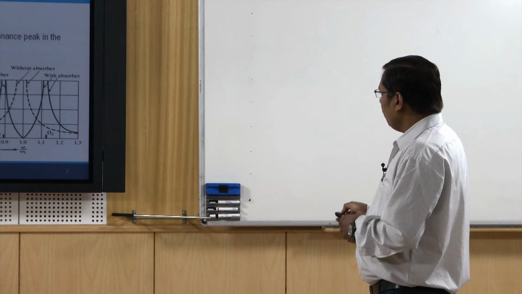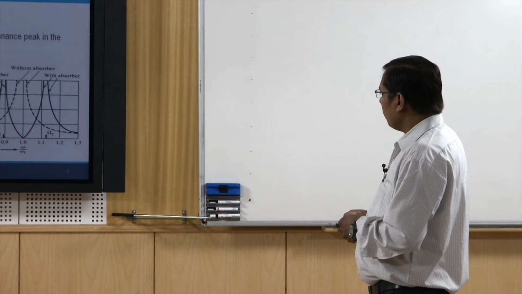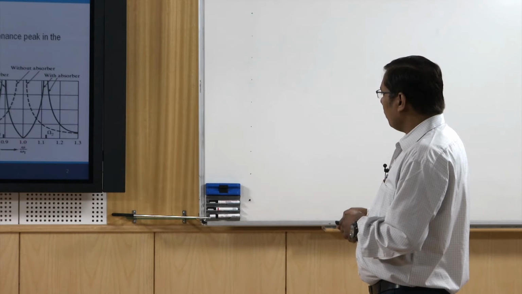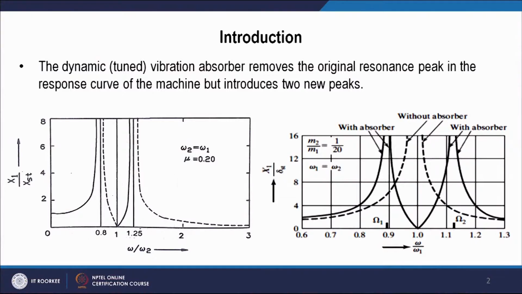Without absorber, at omega by omega 1 equal to 1, we have this peak. When we introduce the absorber, we have these 2 peaks, with absorber here and here.